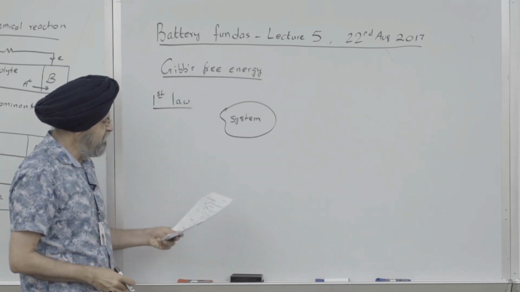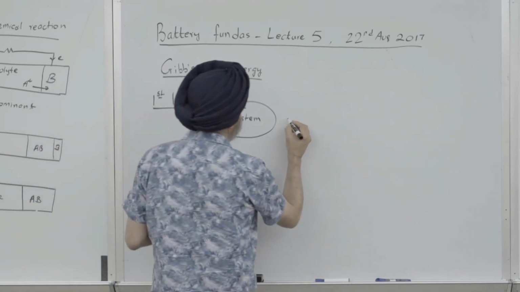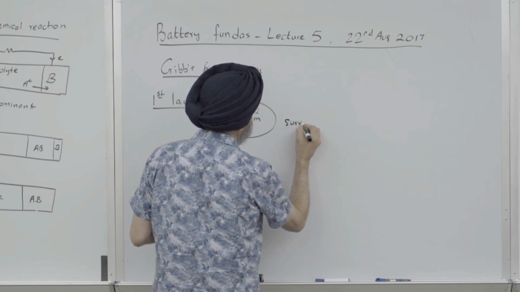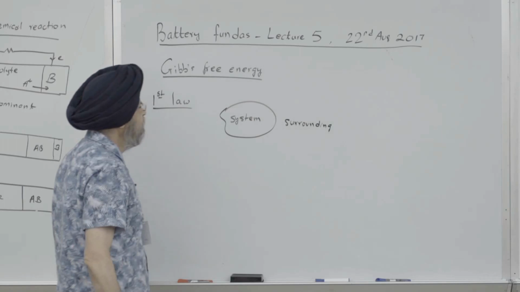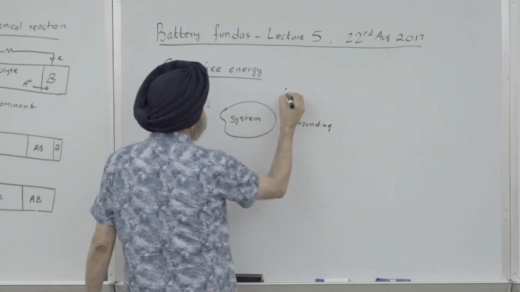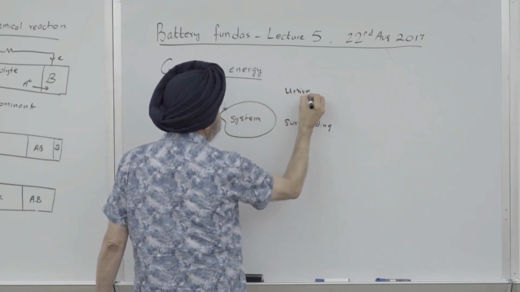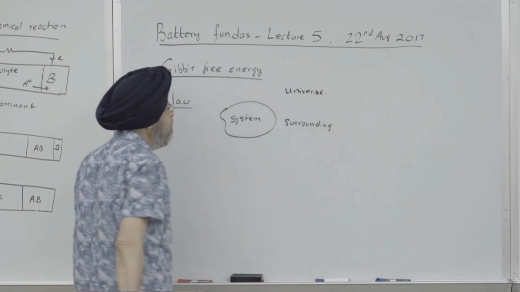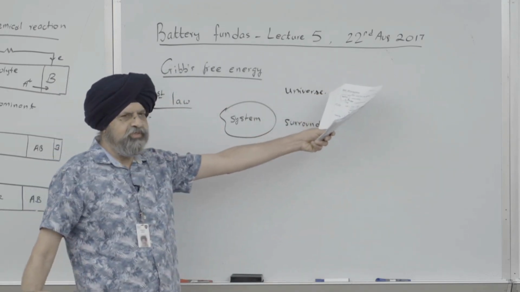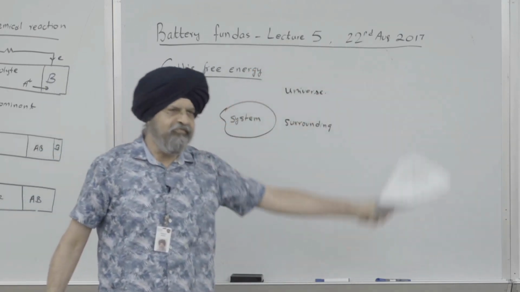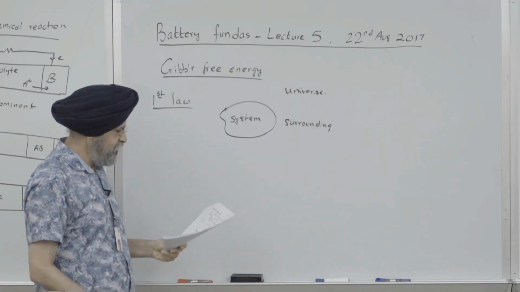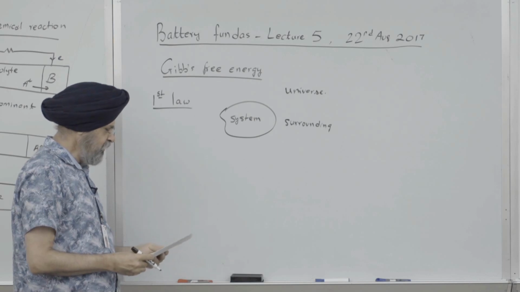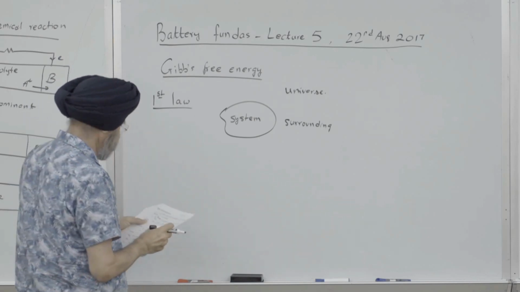Okay, so we have a system and we have a surrounding. The surrounding surrounds the system, right? And the whole thing is the universe. The universe includes the Earth, the Sun, the solar system, the galaxy, everything. But for us, locally, we have the system and the surrounding. So what does the first law say?